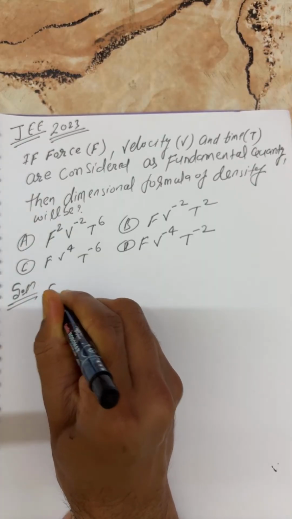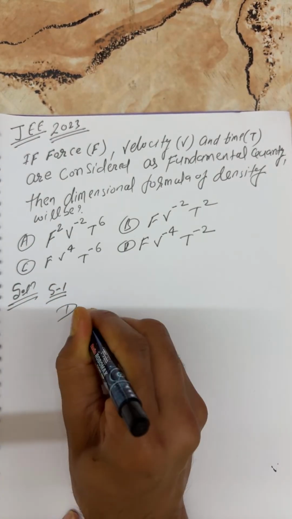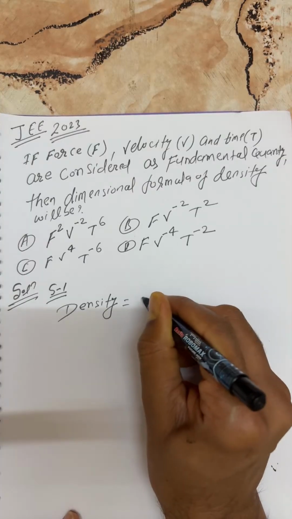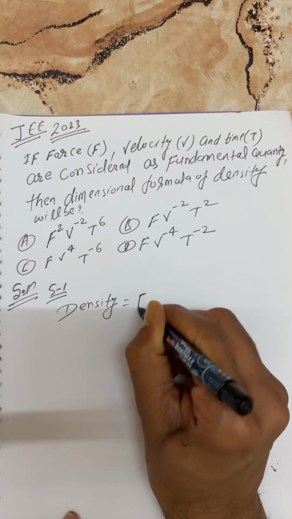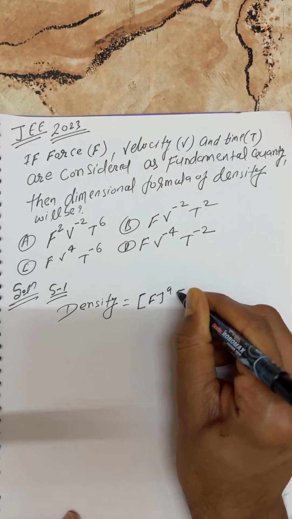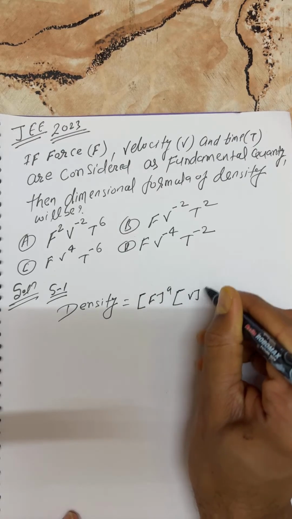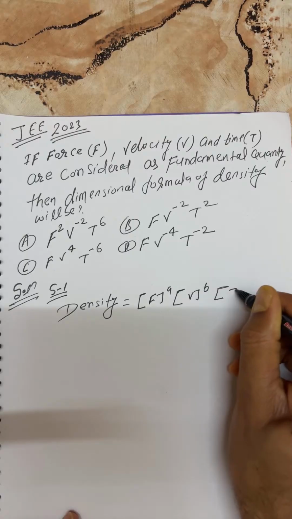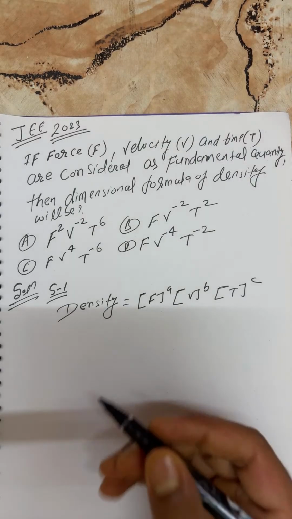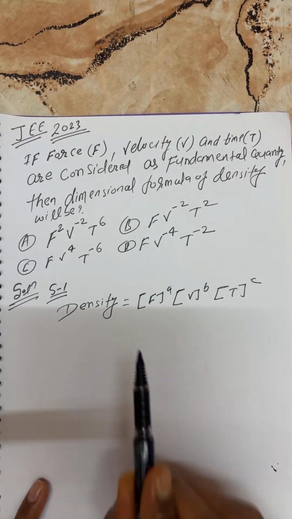Step one, first we have to formulate: density depends on force to the power a, velocity to the power b, and time to the power c. But I know for this kind of question formulation is tough. So just try to understand how to formulate the question, how to make the pattern. The pattern of the question is tough, my kids.